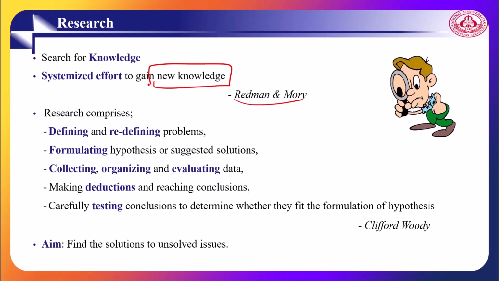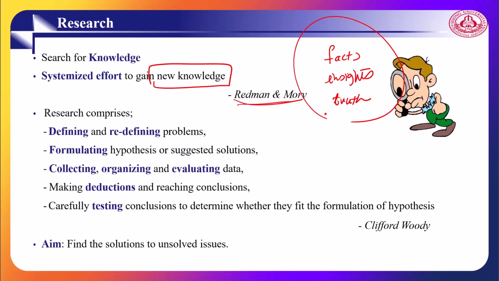So these two gentlemen define research as a systematic and structured process that aims at gaining new knowledge. So it involves searching for facts. Maybe we try to find out the facts, maybe for insights, or maybe for truth, and maybe we try to generally advance our understanding, right?